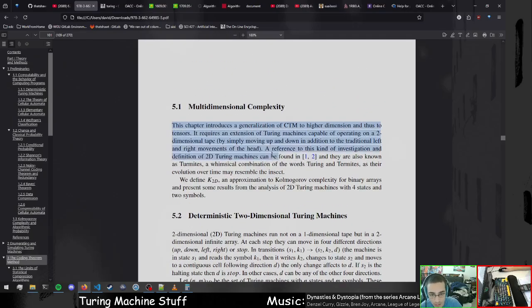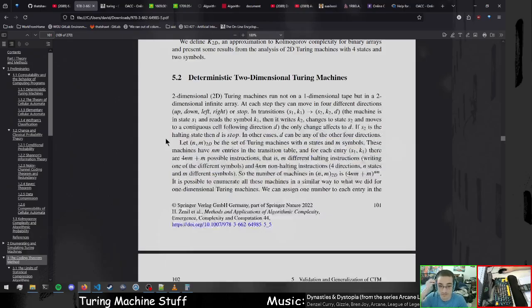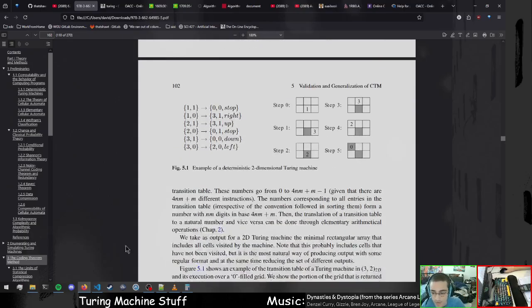Multi-dimensional complexity? What? What? What? Okay, I kind of want to try this. God damn, I do eventually want to implement this.